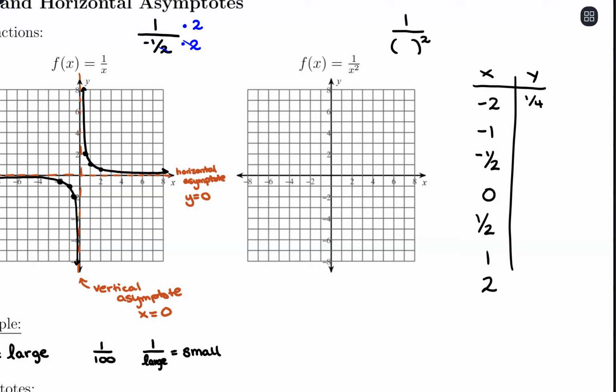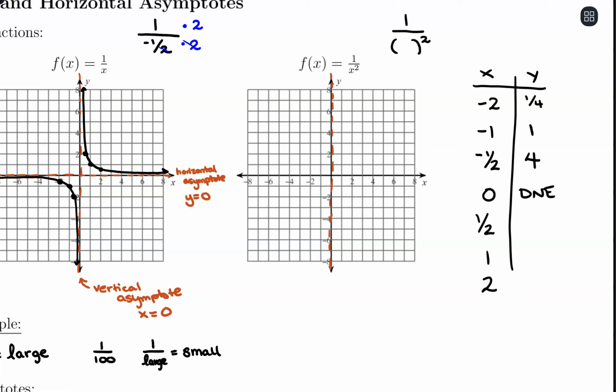If I plug in -1, that'll all simplify to a +1. -1/2 will turn into a 1/4. 1 divided by a 4th is 4. Plug in 0, we can't do that. 0 squared is 0, and we can't divide by 0, so that does not exist. So we're going to be seeing a vertical asymptote at x equals 0 again.